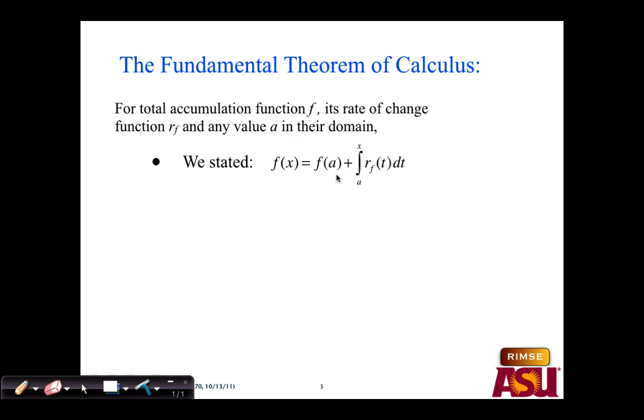But as long as we're picking reasonable values, if I have an a that's in the domain of the original function f and its rate of change function, then I can express f, this total accumulation, by taking any initial value of the function plus integrating thereon out. So from a to x, as long as I stop someplace that's in its domain, or imagine this only going through certain parts of the domain if that's an issue. Polynomials, you don't have to worry about that. That's why we start with them.